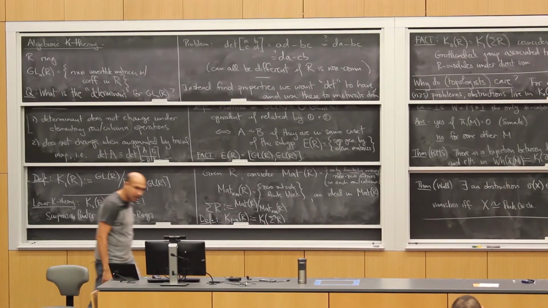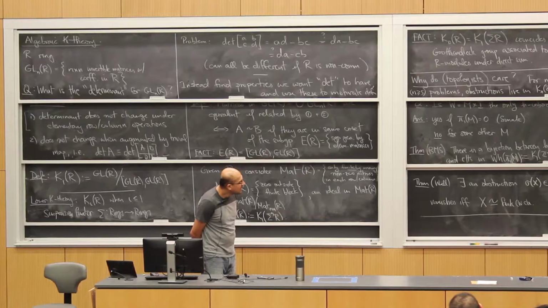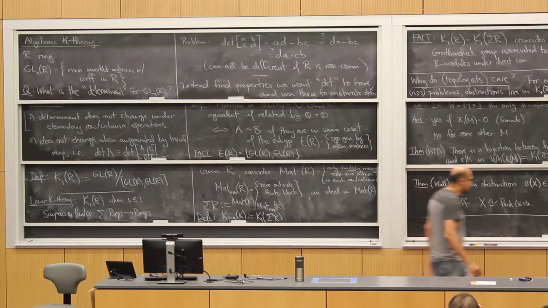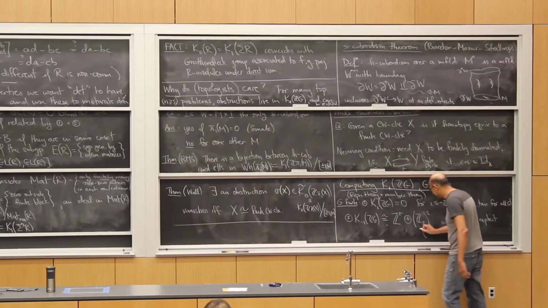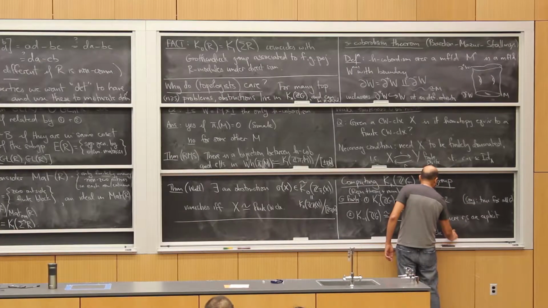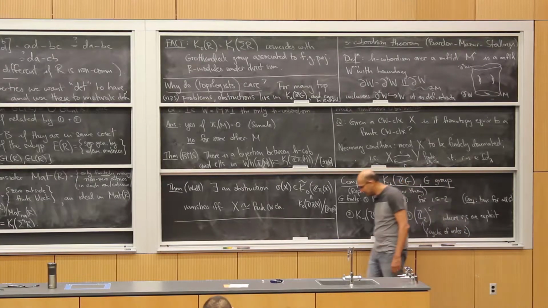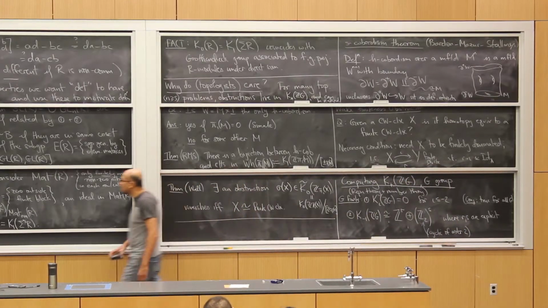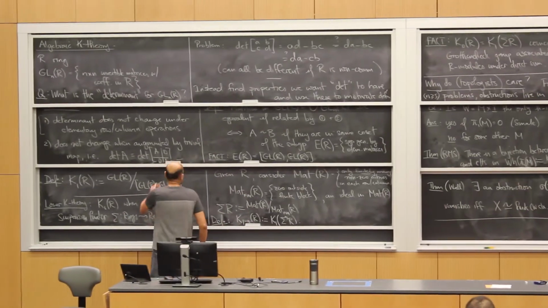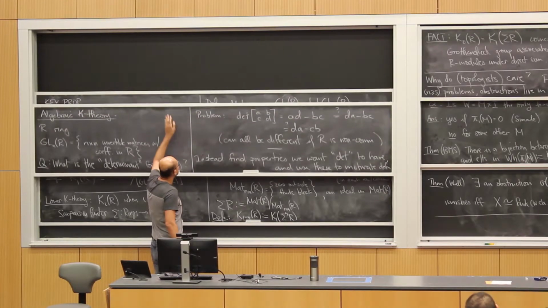They all enter into the formula. Question? By Z, you mean Z mod 2? Oh, Z sub 2, yeah, this is the cyclic group of order 2. Okay, so K_{-1} is pretty well understood. K0 is less clear.